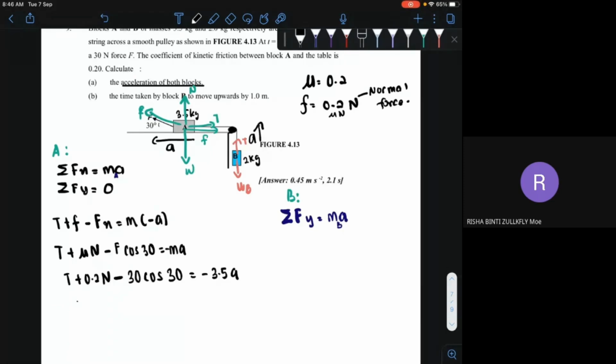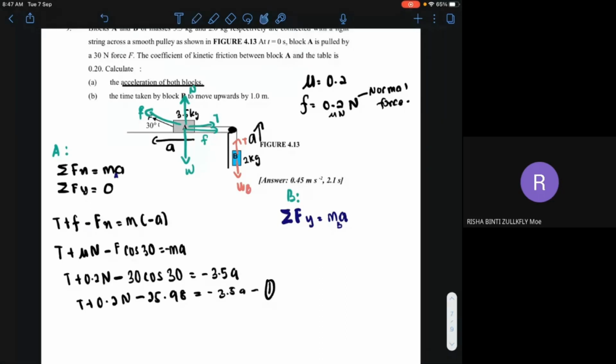So kamu akan dapat T plus 0.2 normal minus 25.98 sama dengan negative 3.5 a. So kita tak dapat cari acceleration lagi sebab kita ada 3 unknown. Acceleration itself, normal dan juga tension.